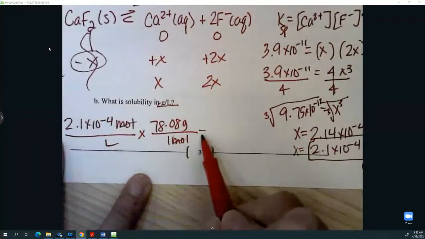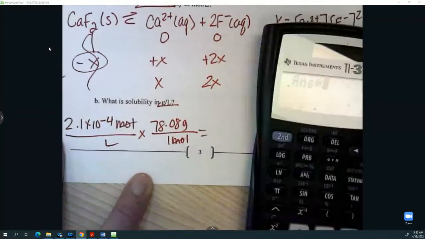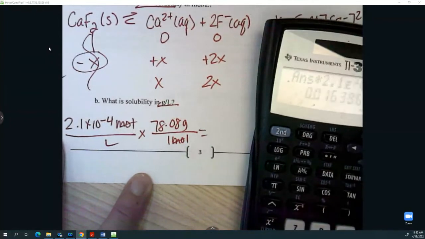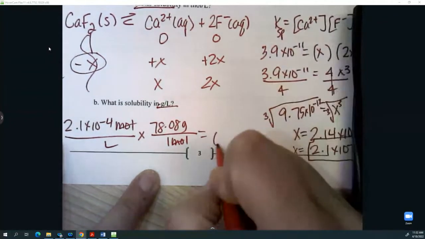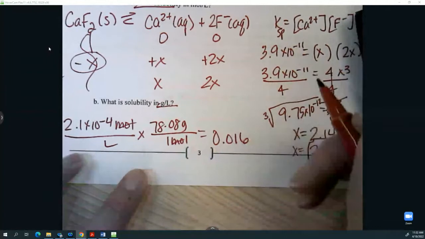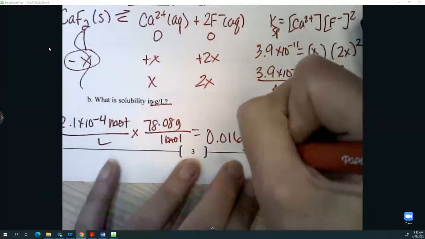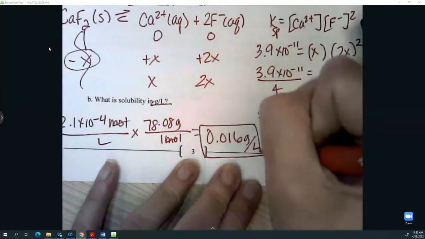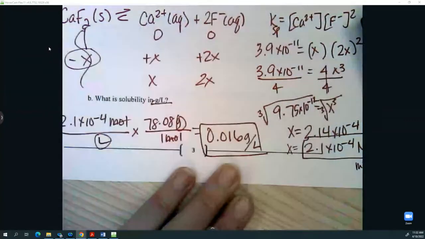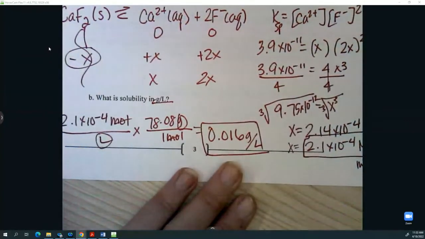I set it up so that the moles cancel, so I just have to multiply them. Two sig figs. All I have is grams per liter, so that's it, grams per liter.